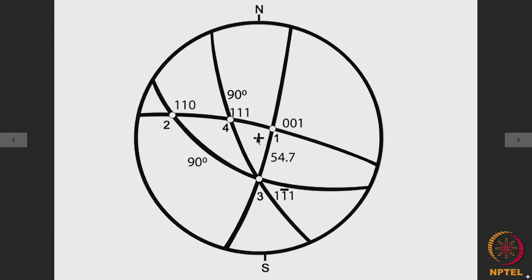So, our job is to find out the position of this particular pole, and that will give us an idea of the orientation of the crystal, because if we know the pole of the crystal surface, we know the HKL of the plane parallel to the surface of the crystal. So, this is the next job that we are going to do.